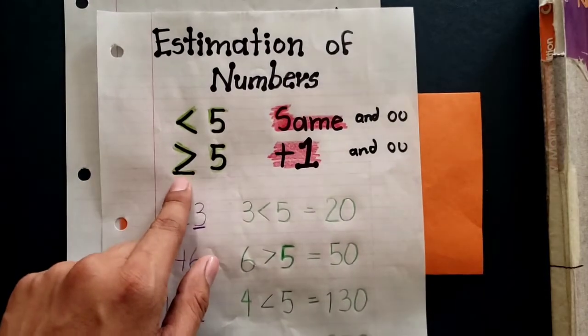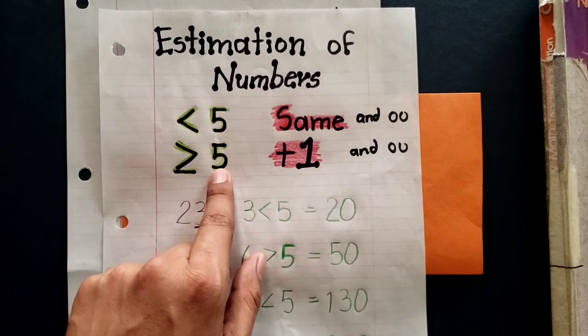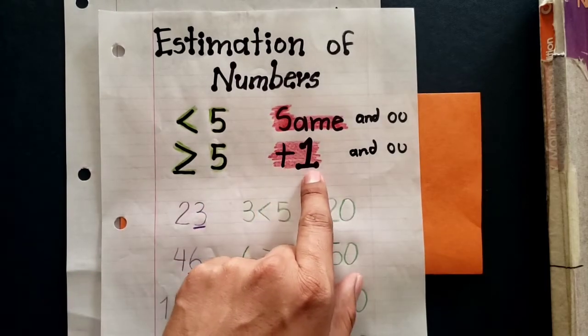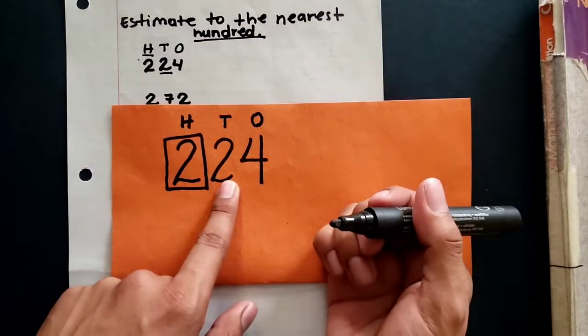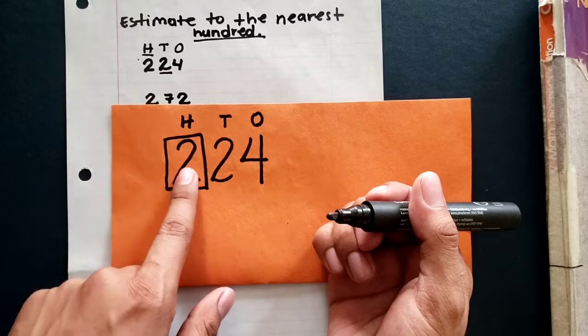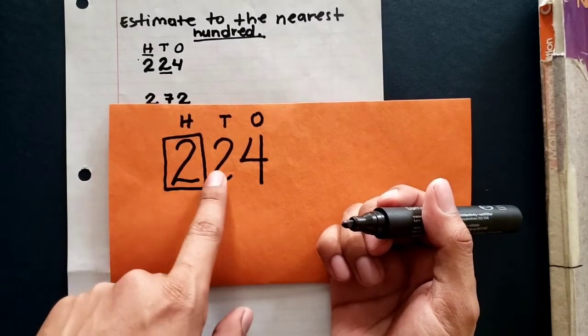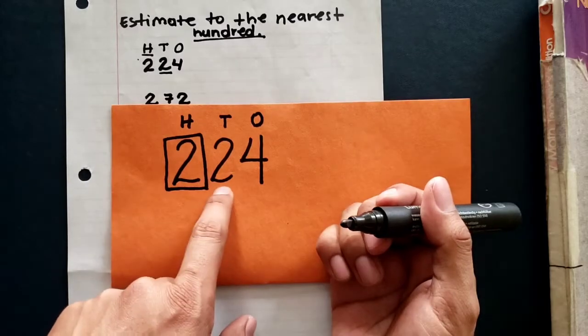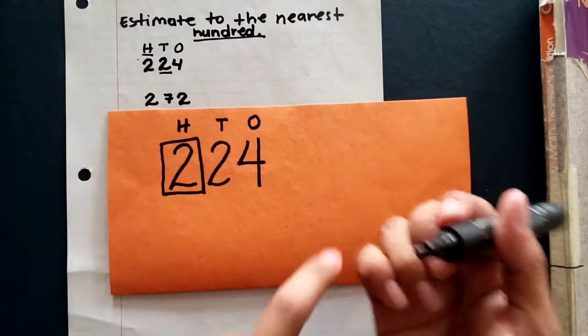If that number is equal or greater than 5, we are going to add 1 and write zeros.